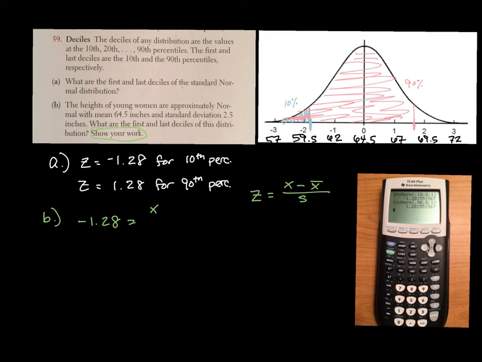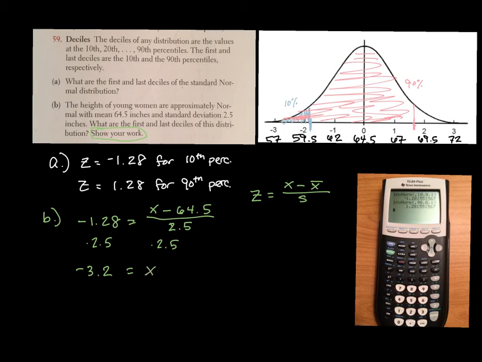So we want to know what our x is, but I do know what the mean is. The mean is 64.5 and the standard deviation is 2.5. And so now what I can do is work backwards. So remember that if we're dividing by 2.5, to undo divide, I'm actually going to multiply both sides by 2.5. So I'm going to multiply that negative 1.28 times 2.5. That's going to leave us with negative 3.2.